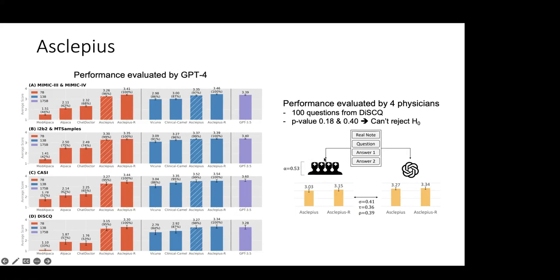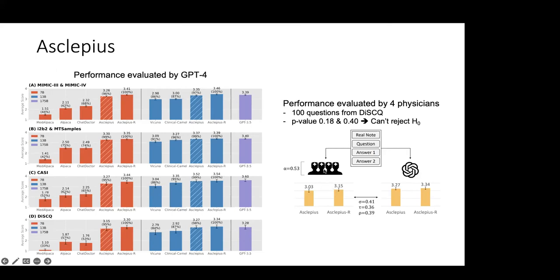I think it was a comparison between these two, Asclepius and Asclepius-R. So four doctors looked at 100 samples and gave scores for Asclepius and Asclepius-R. And GPT-4 also did the same evaluation as the doctors. The absolute scores are a little bit different, but the relative difference is, I would say, similar.